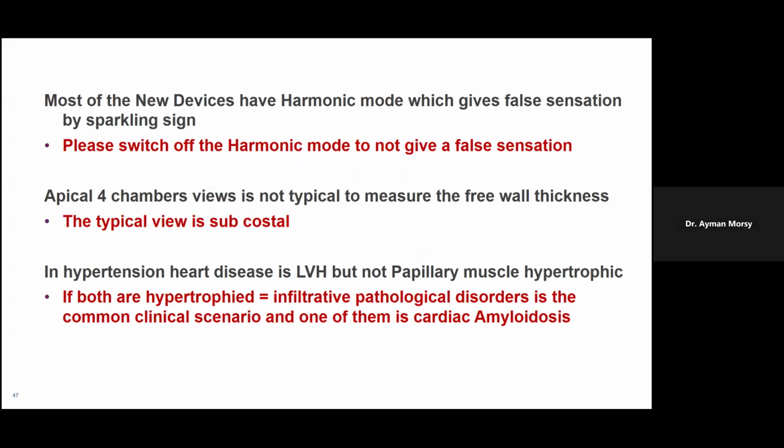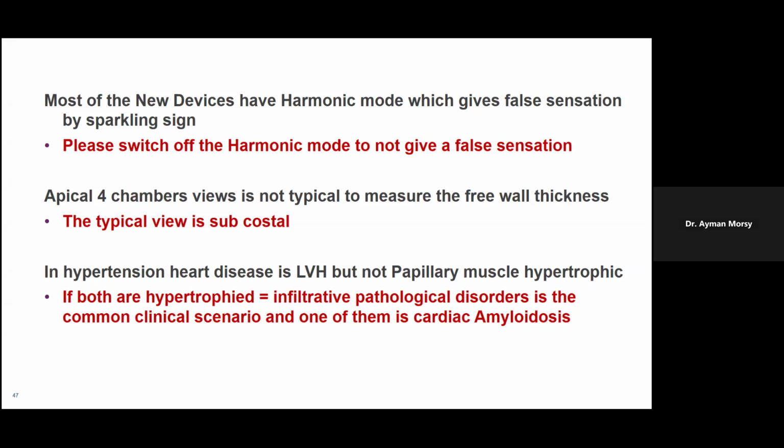This is important for echo people working in the amyloid field. Most of our new echo devices have harmonic mode, which gives a false sensation of a sparkling sign, an important sign for infiltrative disease.